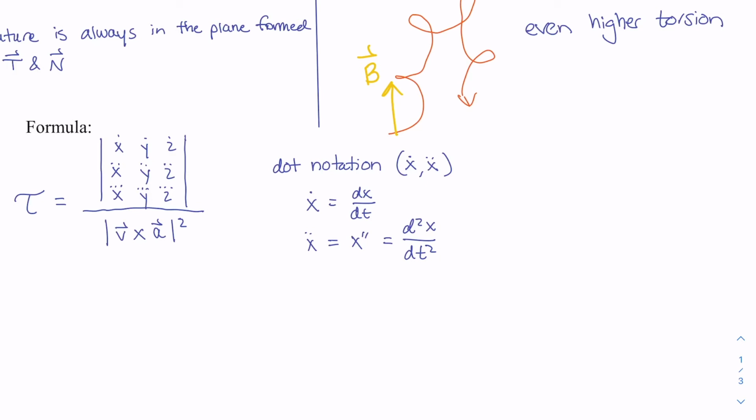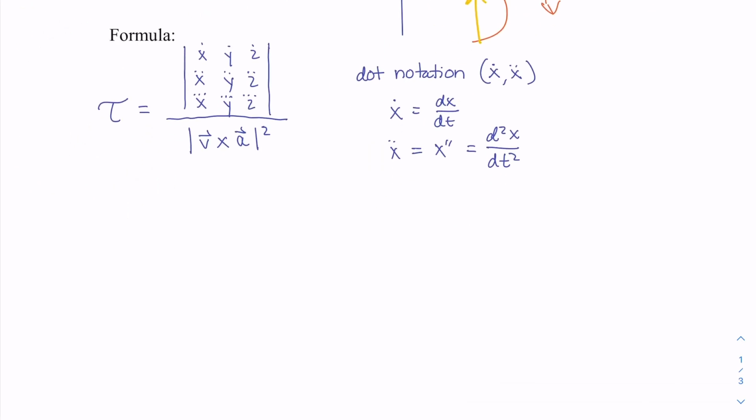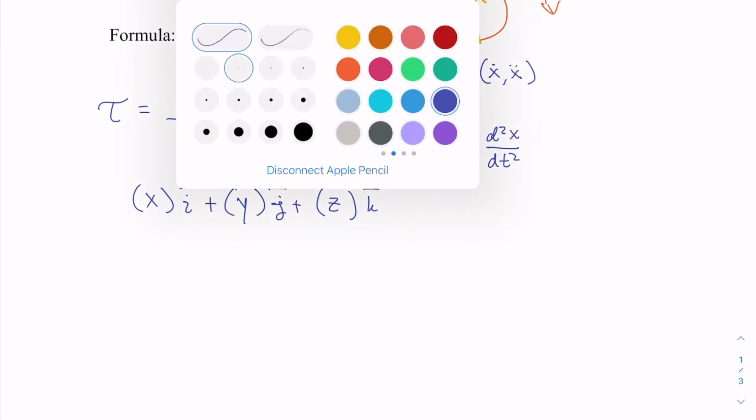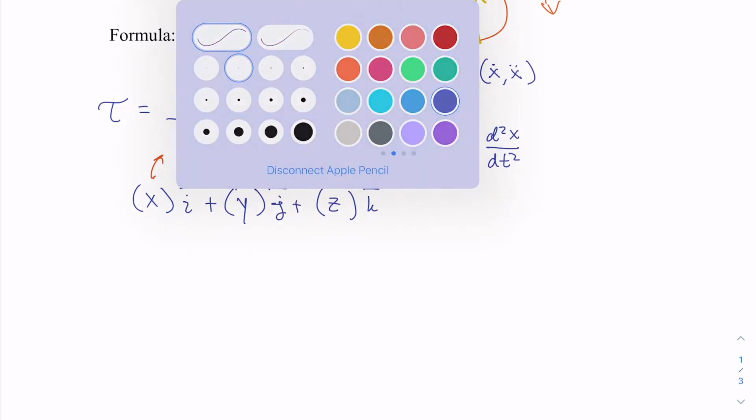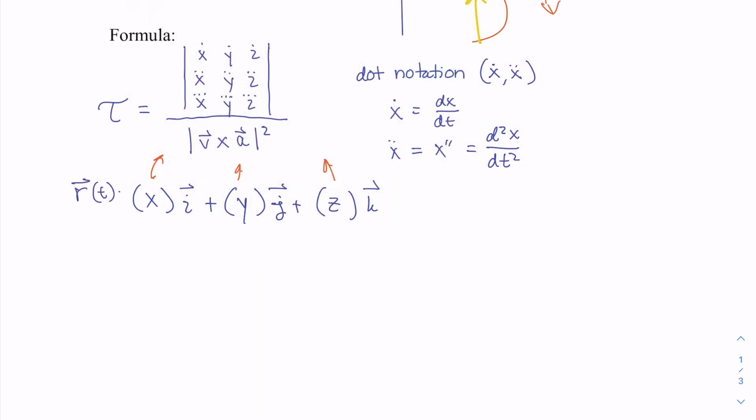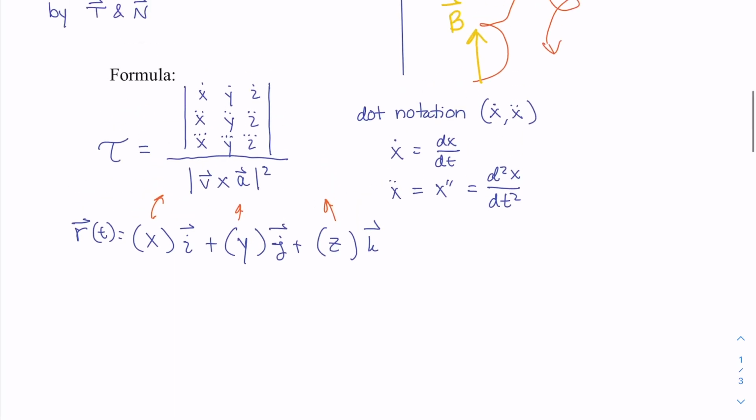So if your curve is something i plus something j plus something k, that would be your x function, which would be the x's in that determinant. Then you'd have the y function and the z function. So these are the functions you use in that formula, the components of your curve r of t. And remember, it's also divided by the magnitude of v crossed with a squared. So that's the formula we use for torsion.